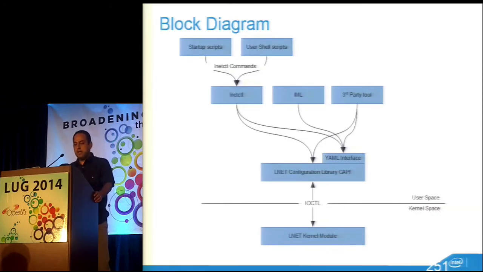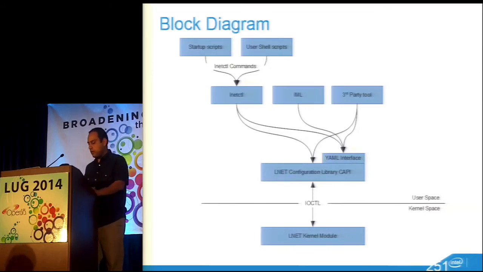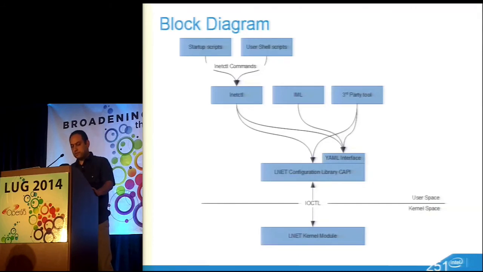The API exposes two different classes of APIs. One is to configure specific parameters like a network or a route, and another exposes a YAML interface, so you can feed it a YAML file to configure all parameters described there. And it talks to the LNET kernel module over ioctl.